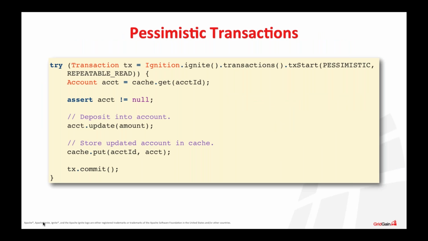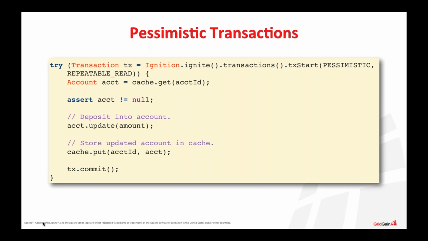So again, we're performing some action here. In this case, we've got some account information. There's an ID that we're getting from the cache. We are depositing some money, updating the value of that. And again, we've got some code examples later on to show this. And then we're writing this back into the cache, and then we're just committing this operation.